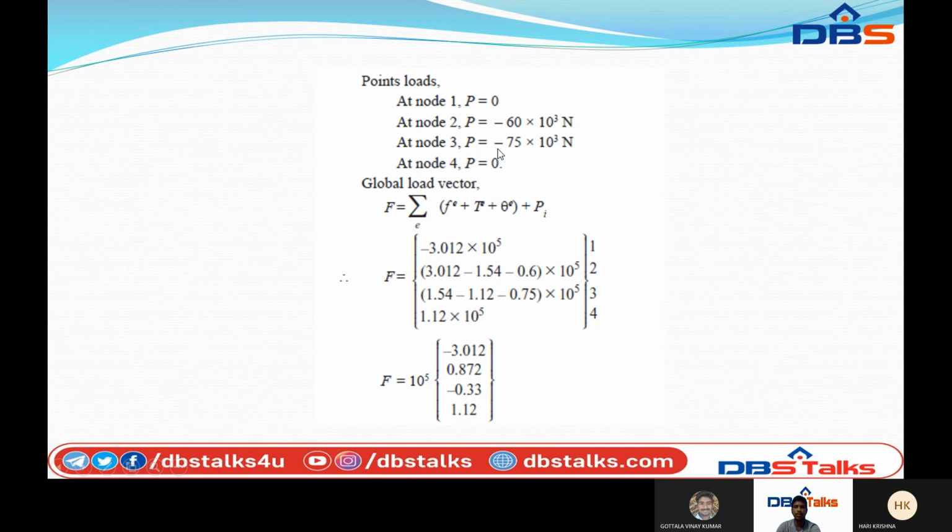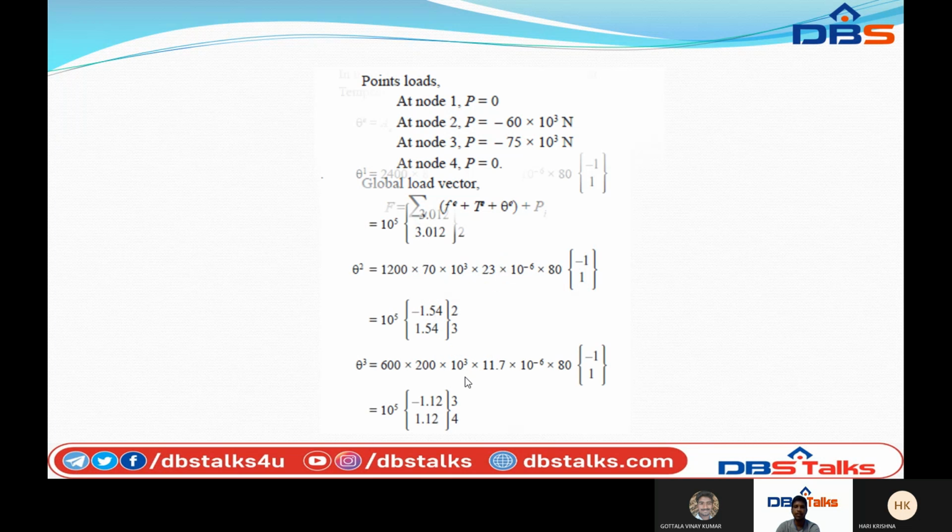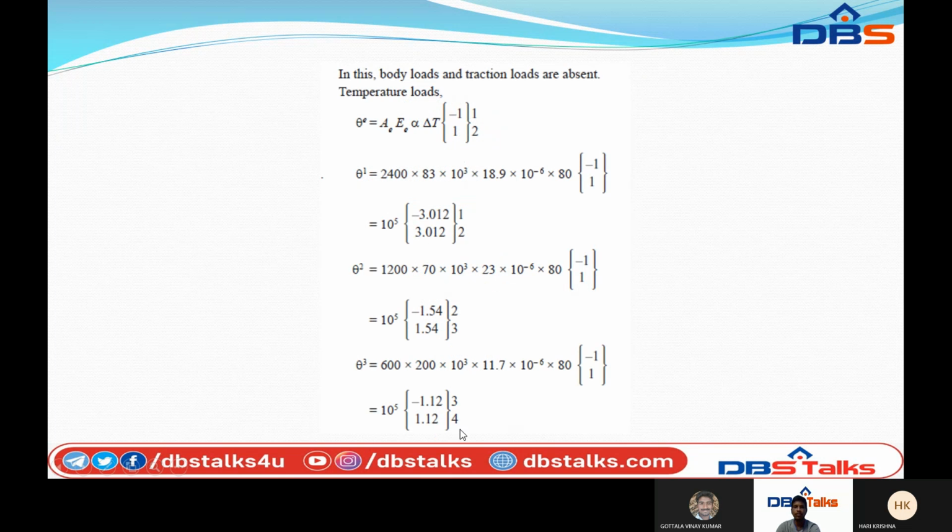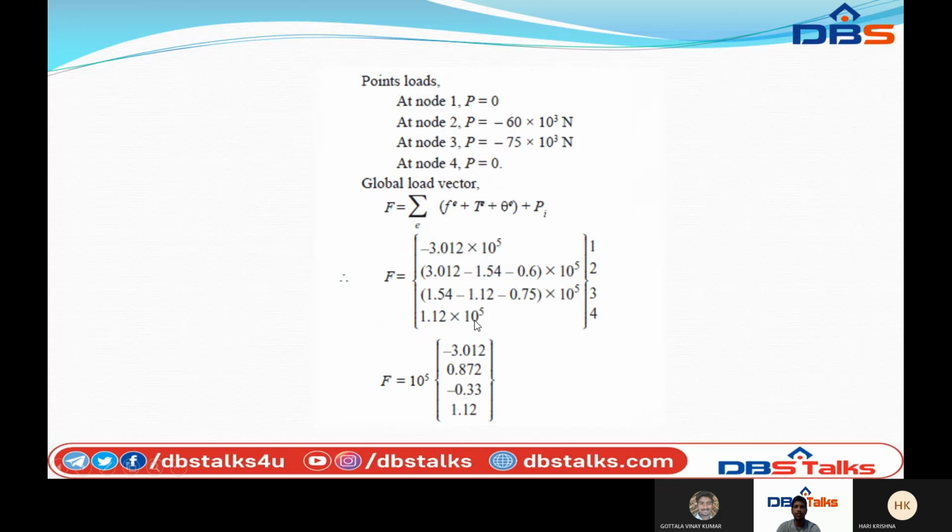At node 3, the point load which is acting in reversal direction, minus 75 into 10 cube into 10 power 5. Then the remaining term will be 1.12 into 10 power 5. This is the procedure for writing the force vector.